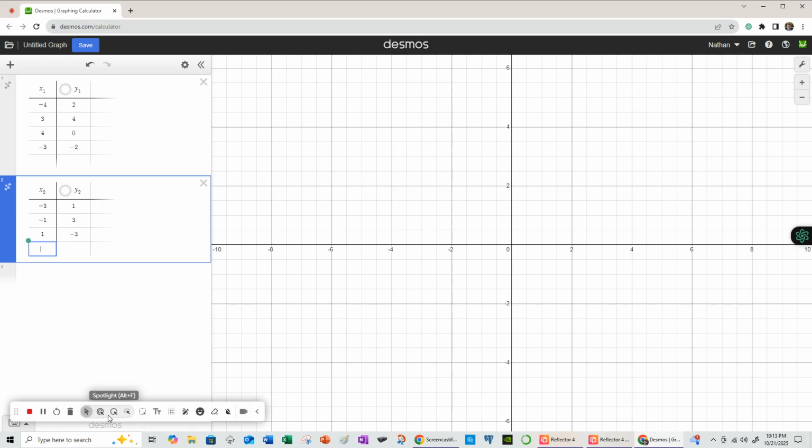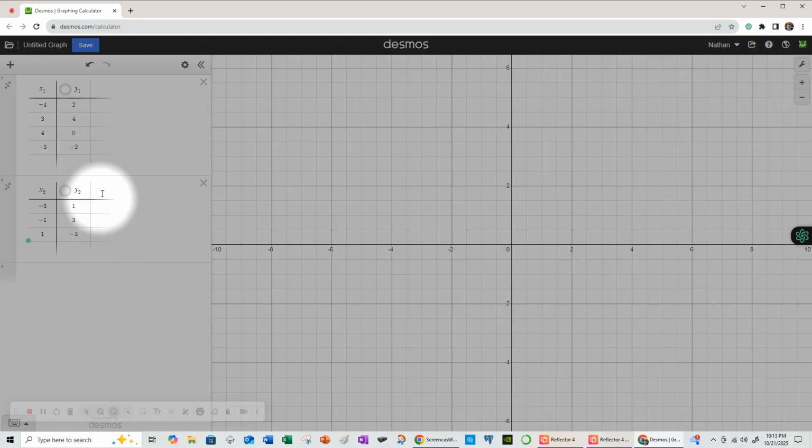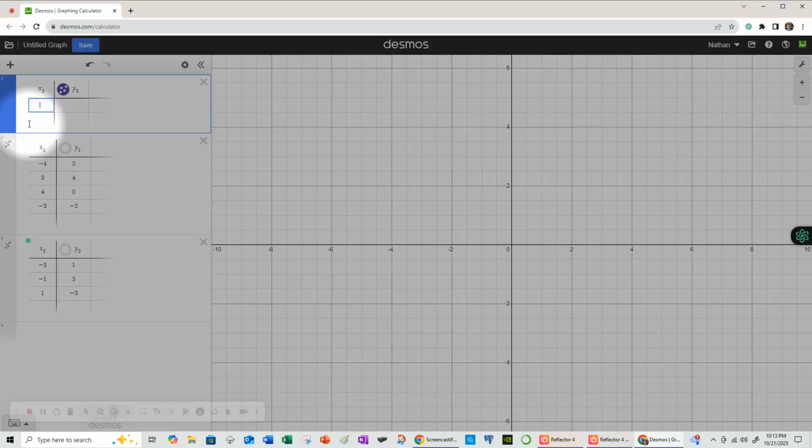In order to do that, I want to draw your attention to the upper left portion of the screen where you can see the plus button here. If you click on that, you can click on table, and you can begin by creating a table of values.